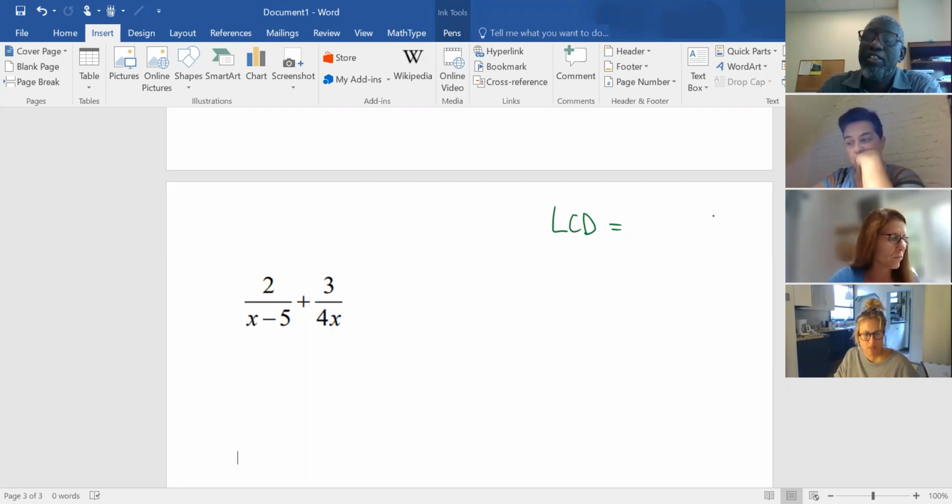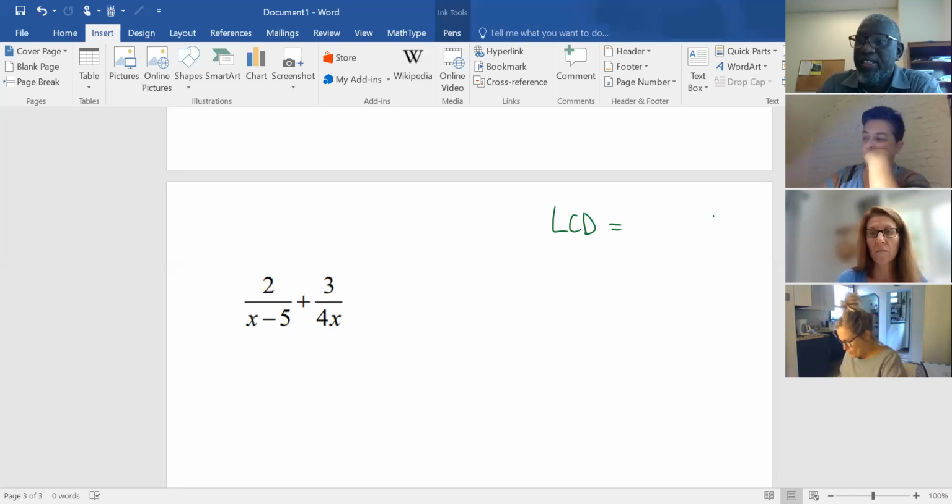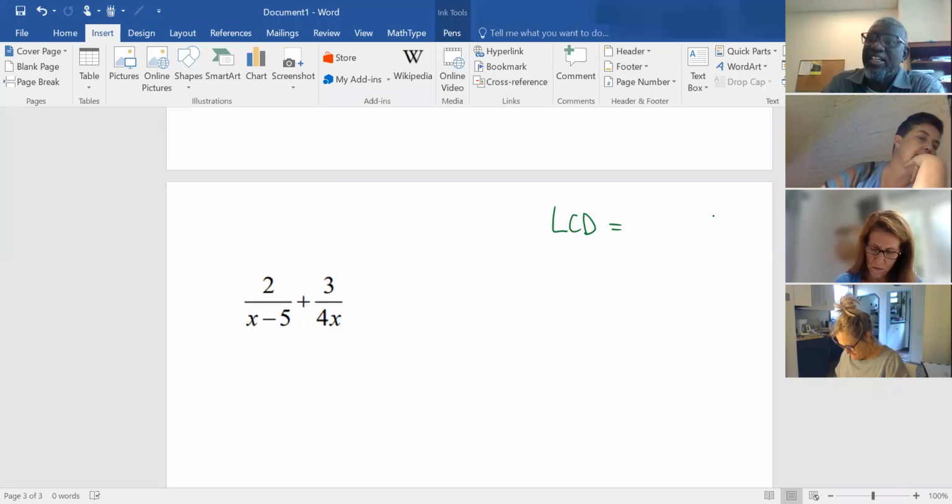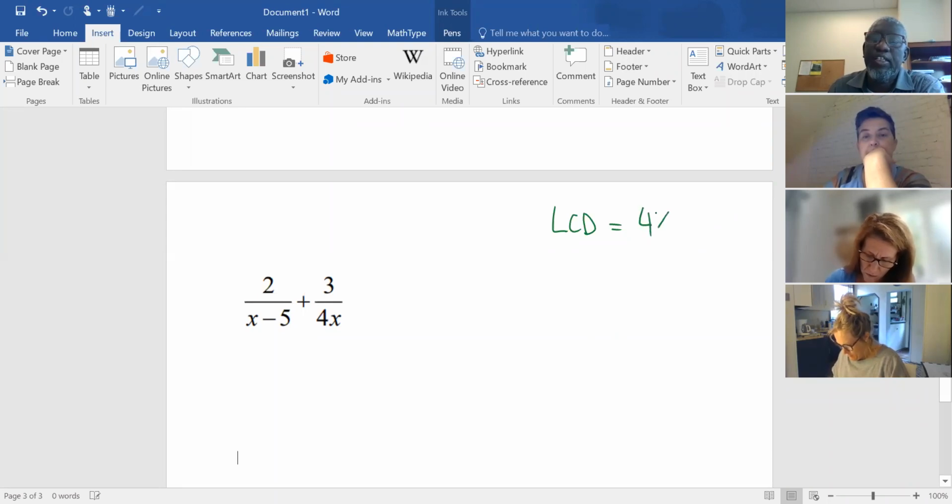Yes, that is correct, because when I look at the two denominators, x minus 5 is completely independent from 4x, right? Again, we cannot isolate the x; you cannot say x minus 5 is x and negative 5. It is x minus 5. So the LCD here is x minus 5 times 4x, and usually we write it this way, okay?